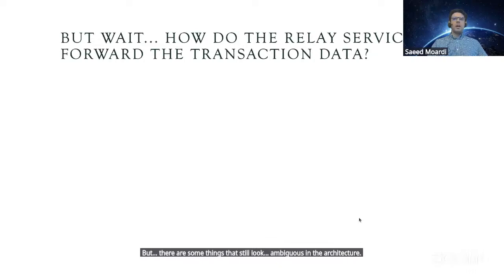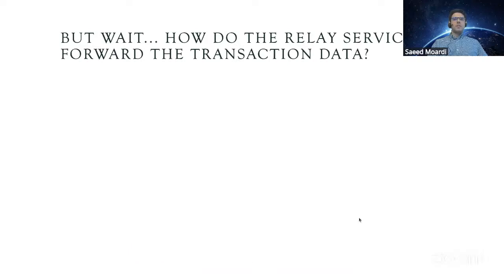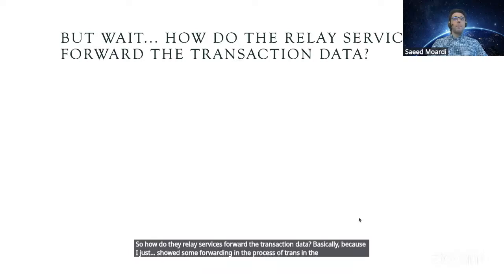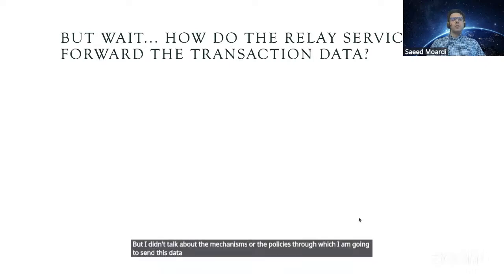So how do the relay services forward the transaction data? I just showed some forwarding in the process of sending the transaction from one end to the other, but I didn't talk about the mechanisms or the policies through which I am going to send this data from one end to the other.